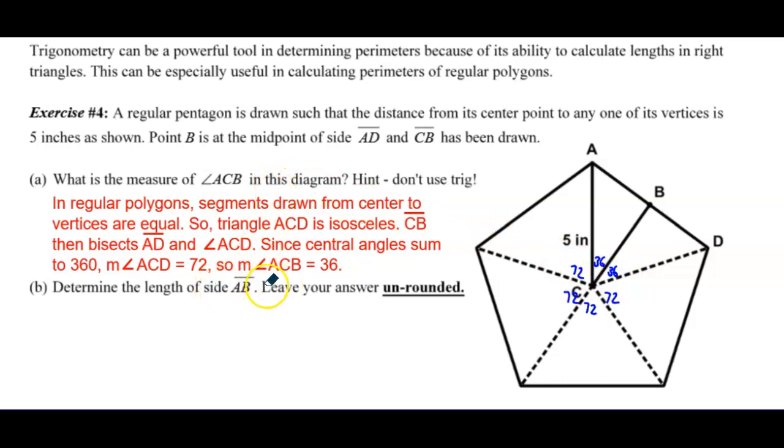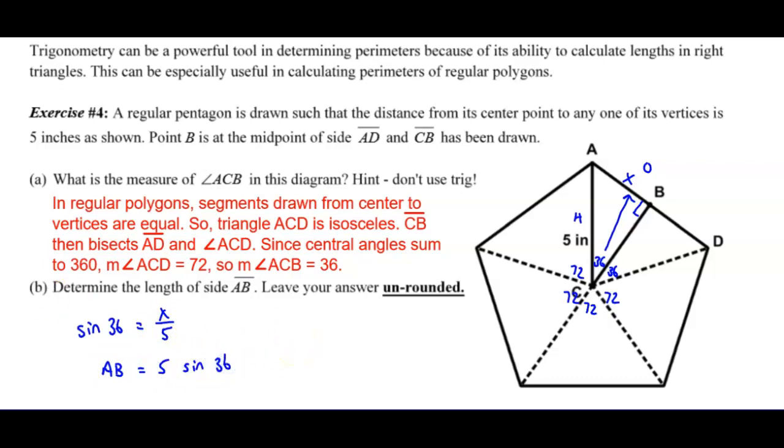To determine the length of side AB, and it wants us to leave our answer unrounded, well, the length of AB, that's this segment right here. Because I've split this with a perpendicular, I know that I can do opposite here and hypotenuse here. So that's a sine equation. I can write sine 36 equals x over 5. And if I want to leave it unrounded, I would say that AB then, which was my x, is equal to 5 sine 36.